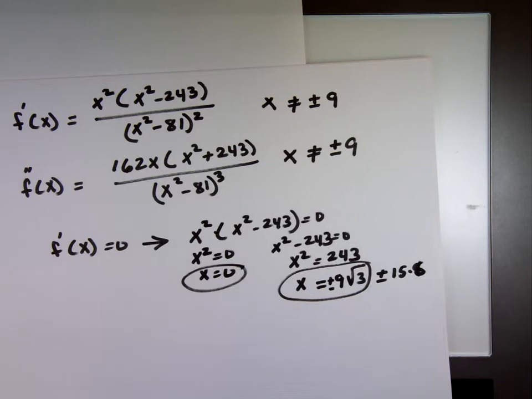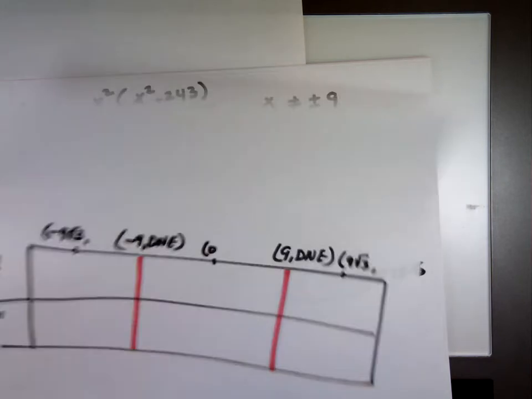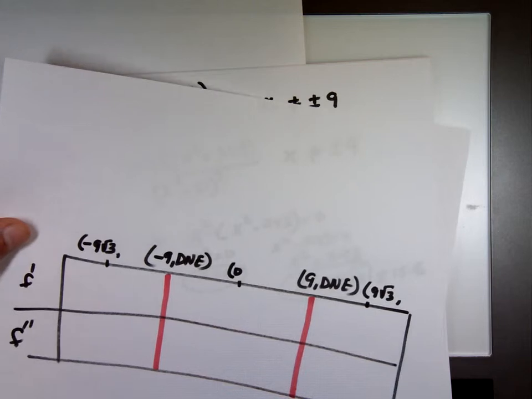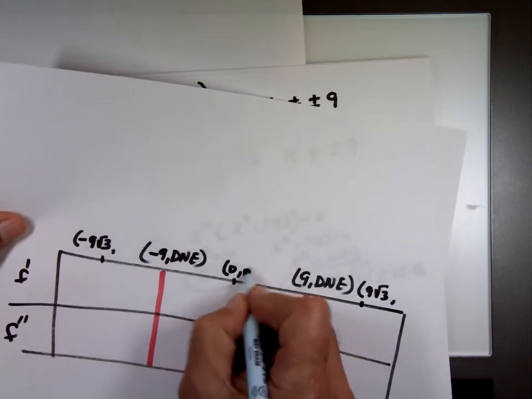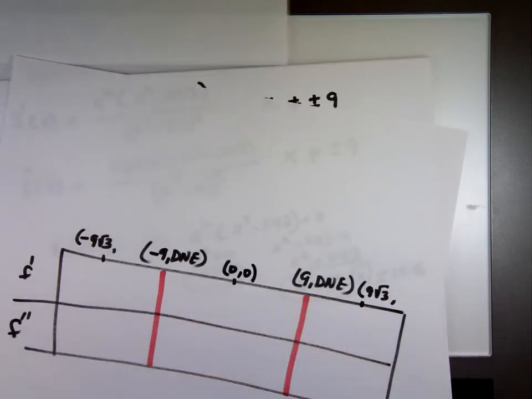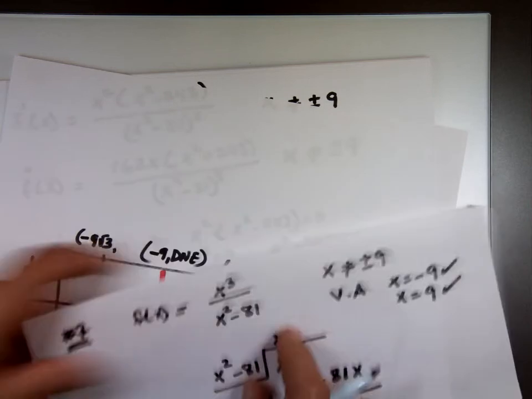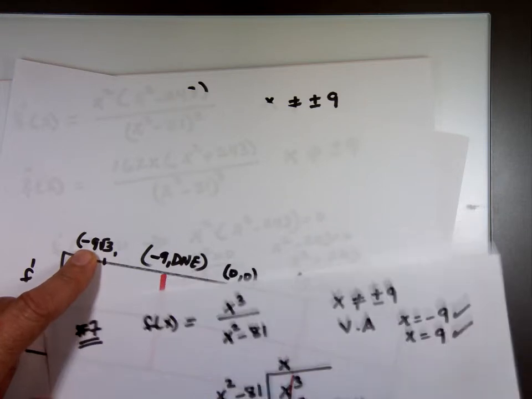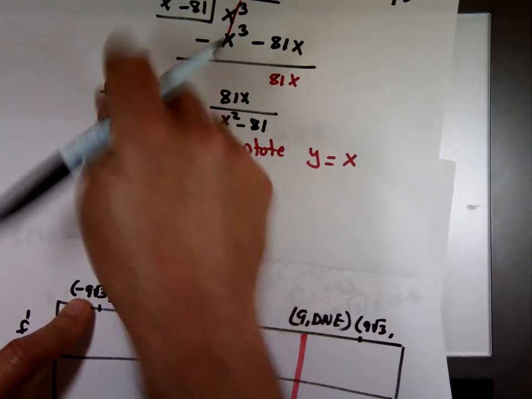So now when you plug them in, when x is 0, the y value is 0. Plug them into the problem here. When you plug that number in, it's not going to be a pretty number, but if you have one of those graphing calculators, just plug it in and it will give you the answer.